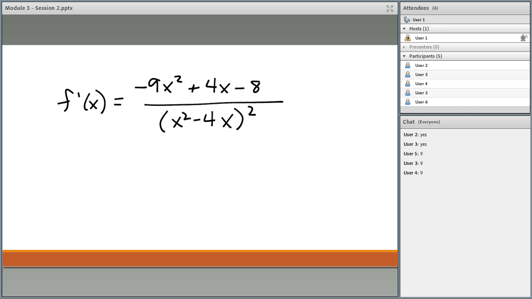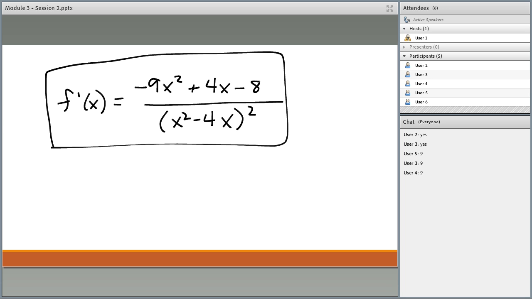And again, simplifying the numerator will be really helpful when we get to future modules and topics. The denominator we can just leave in its factored form. It's easier to figure out where the discontinuities are if we leave it factored. I'll go back to the last page for a minute.